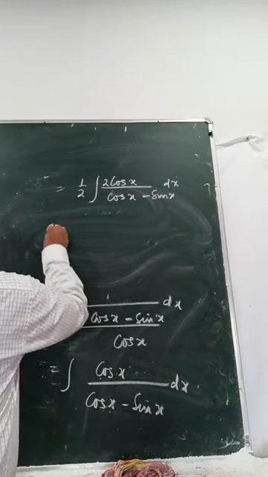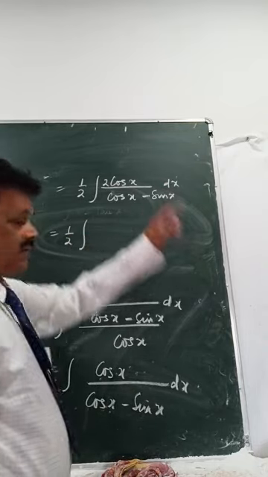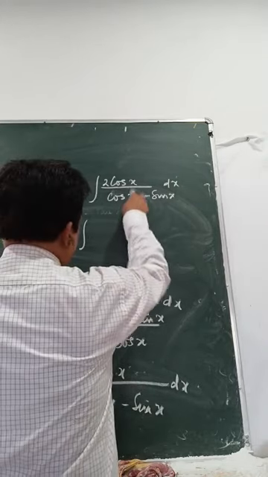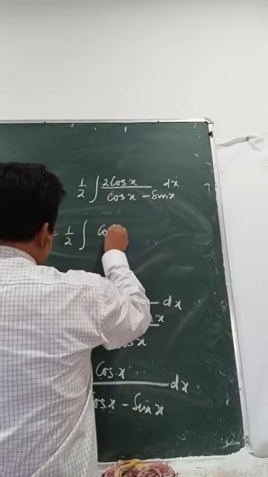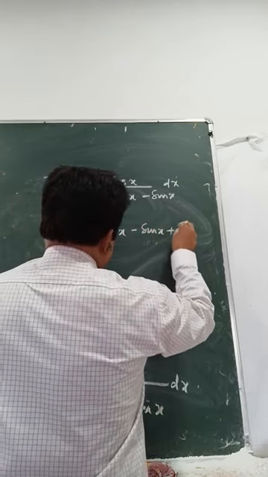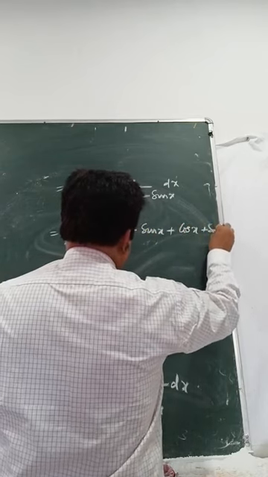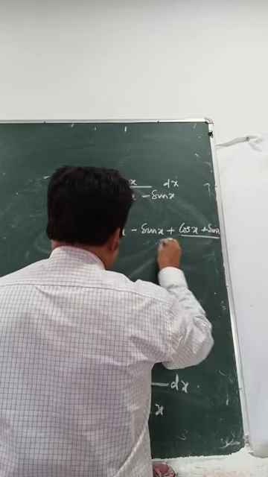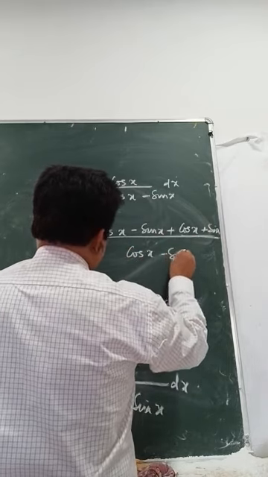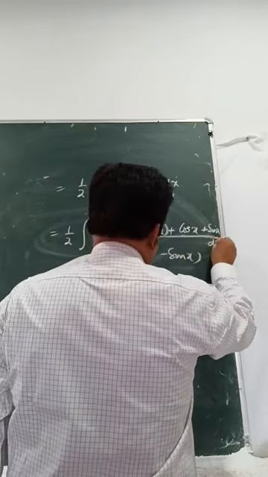Half of 2 cos x. 2 cos x means, to create sin, we shall write cos x minus sin x plus cos x plus sin x, by cos x minus sin x dx.